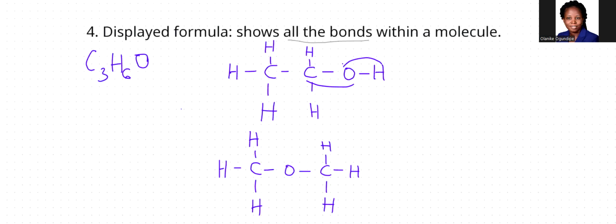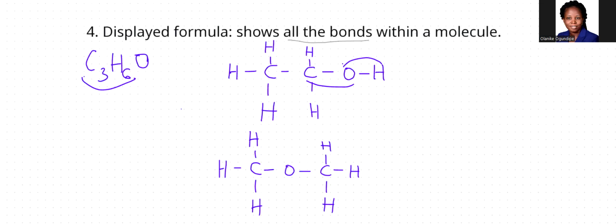With this same compound, with the formula C3H6O, which is the molecular formula, which also represents the empirical formula, I can also get another displayed formula, which is written down here. The first carbon atom is attached to three hydrogens, and there is an oxygen atom in between the two carbon atoms.